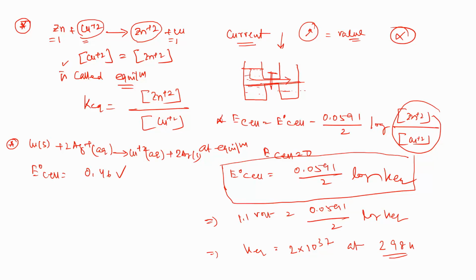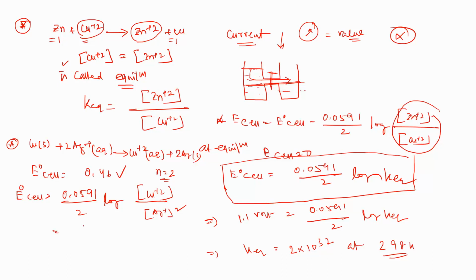When they are asking about the equilibrium constant, that means you have to consider the equilibrium condition. So at the equilibrium condition, what will be the equation for that electrochemical cell? E0 cell equal to 0.0591 by n, and in that cell also n will be 2, the number of electrons will be 2, log of the concentration of copper plus 2 over the concentration of Ag plus whole square.